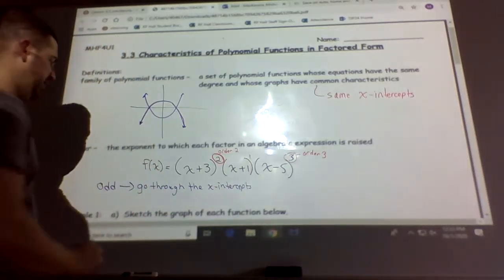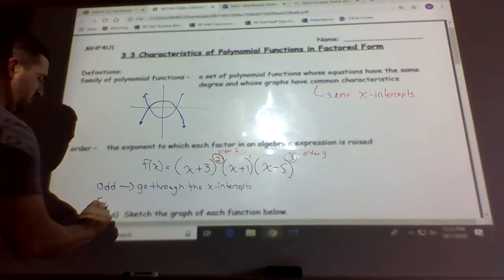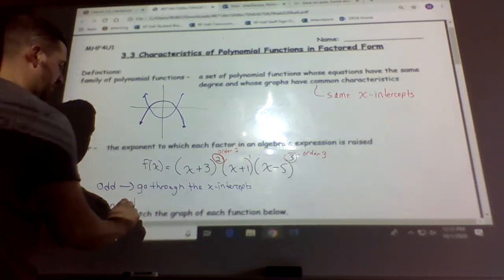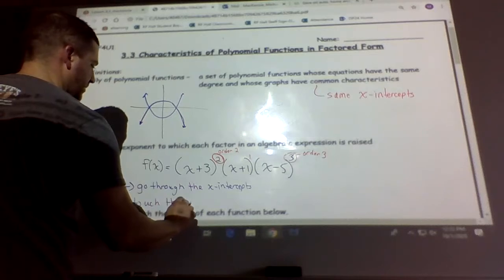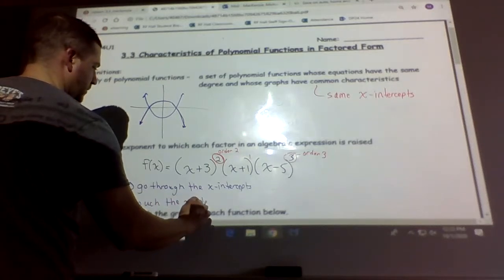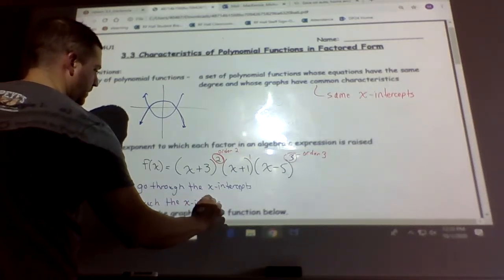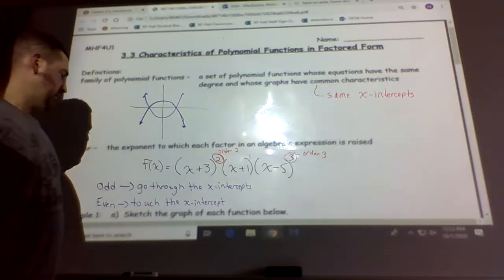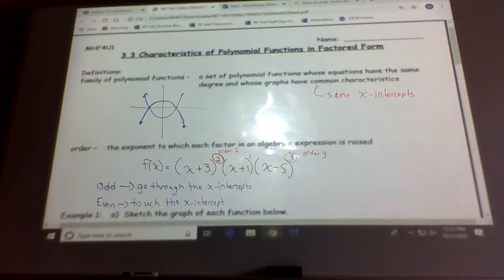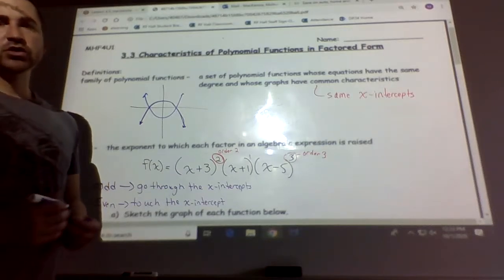Okay, if it is even, we are going to touch the x-intercept. So odd, we're going to cut through it, and even, we're going to touch it. And I'll show you with some examples.